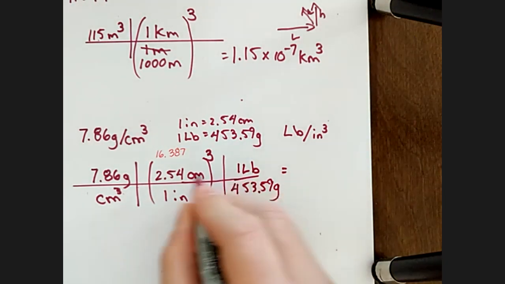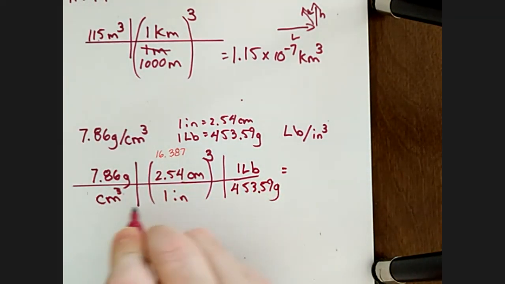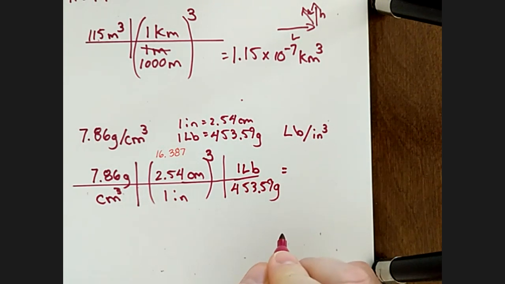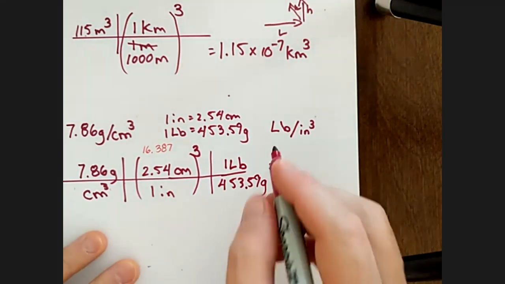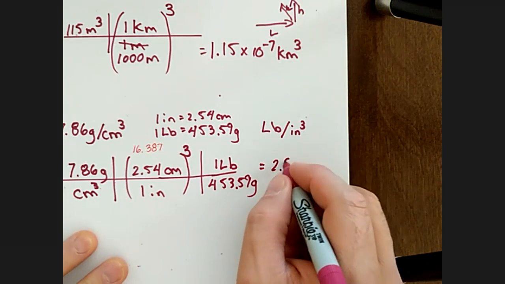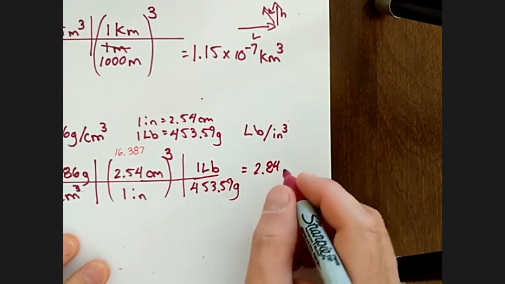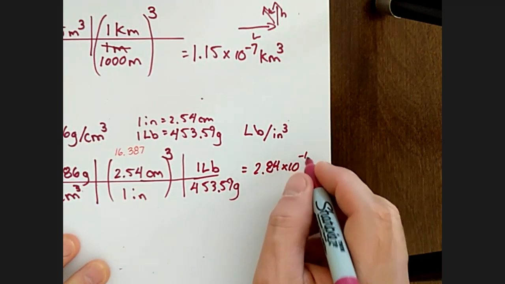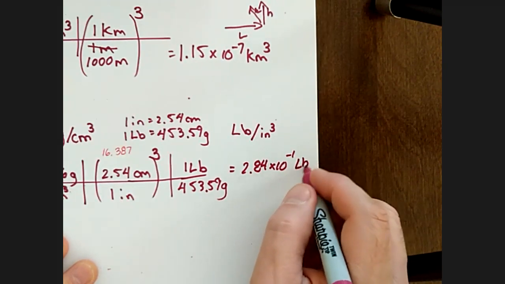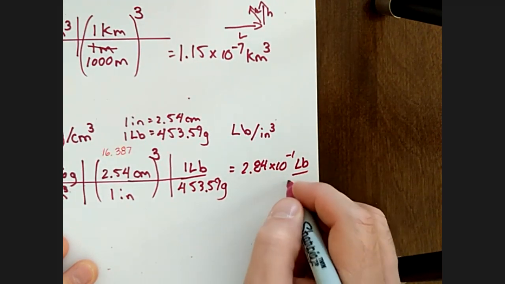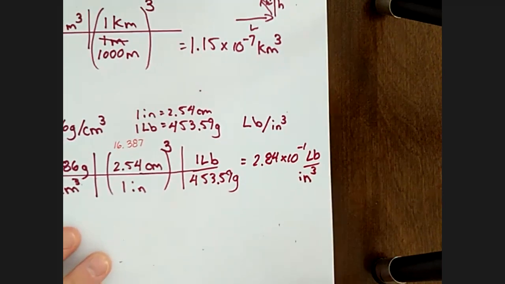So we multiply all of our numbers on the top, divide by all of our numbers on the bottom, and we get 2.84 times 10 to the negative 1 pounds per inch cubed.